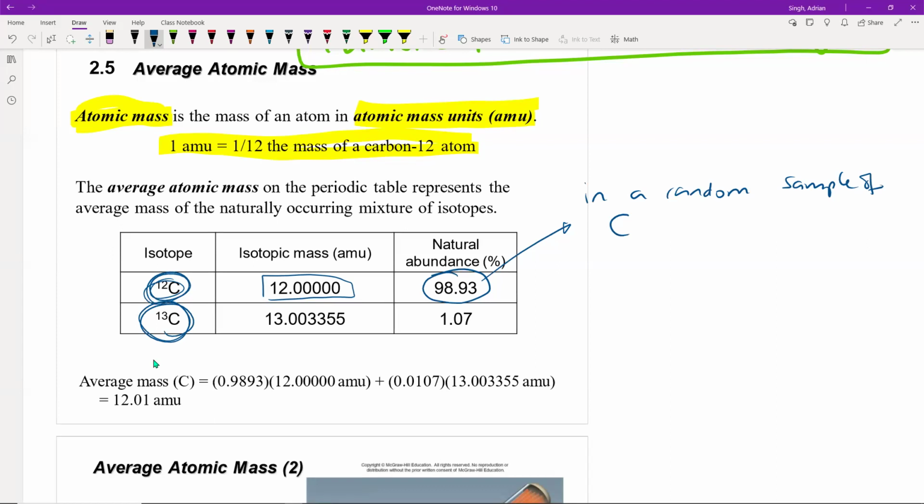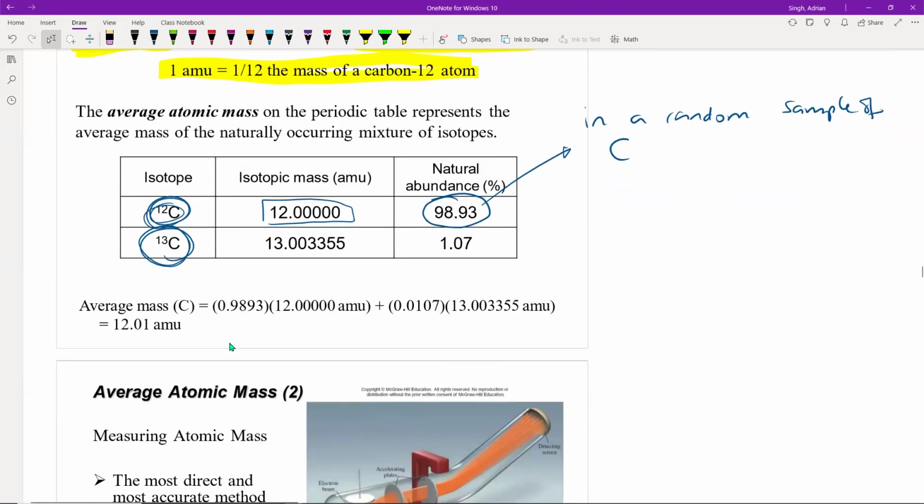When we determine the average atomic mass, the way that we do that is we take into account the percent abundance, that's the natural abundance of that isotope. We multiply it by the mass of that isotope. And then we sum that with the percent abundance of the other isotope times its mass.